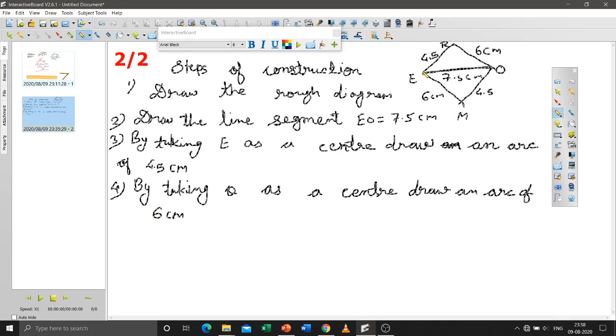You can see from E we have drawn the arc of 4.5 centimeter. Here from O we are drawing the arc of 6 centimeter.